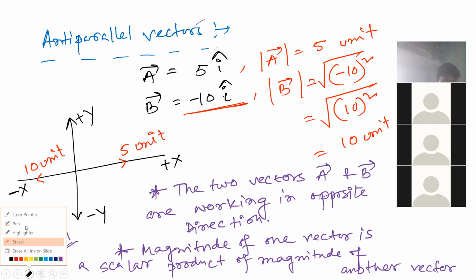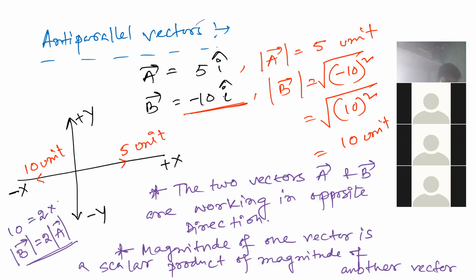So I can say that 2 multiplied by the magnitude of A vector is equal to the magnitude of B vector. Same as in the previous one, that means for parallel vectors, the second point I have written, in the case of anti-parallel also I have written the same point. Are these two things clear, everyone?